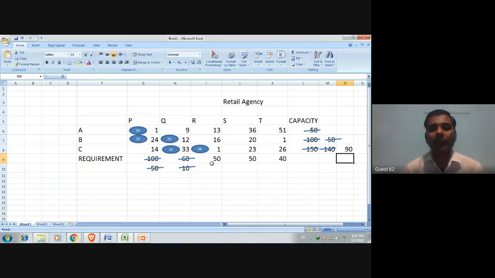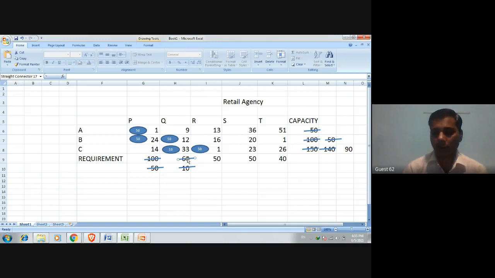So the requirement of R is completed now, so we will cross it completely. We will cross this 50 unit now.